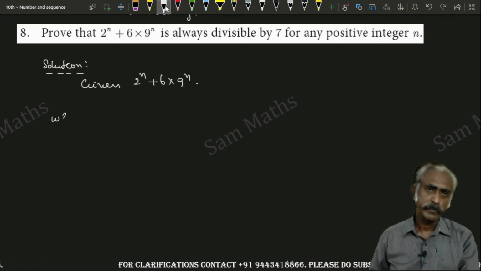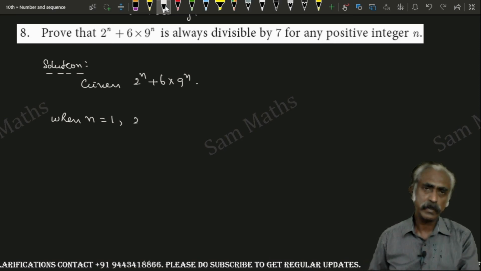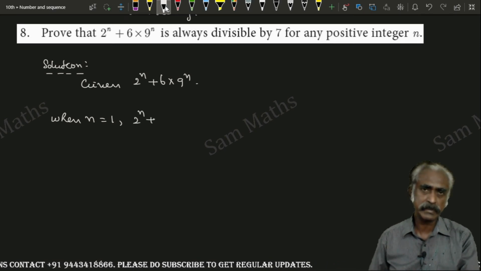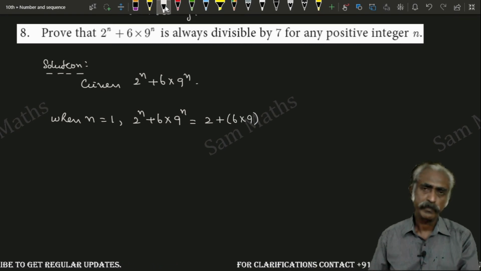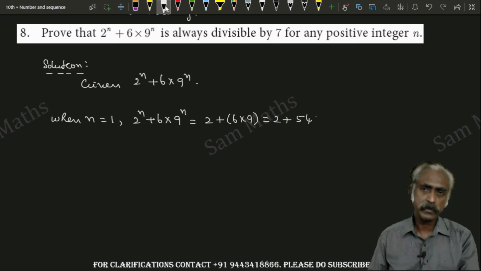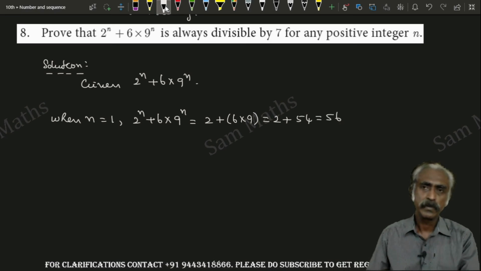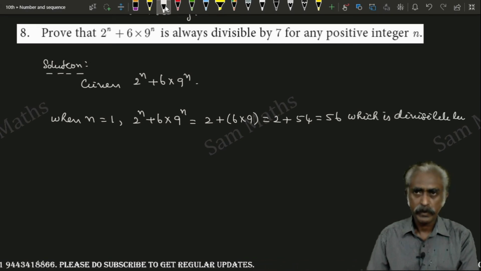So when n is equal to 1, just to check with this, 2 plus 6 into 9, which is equal to 2 plus 54, which is equal to 56, which is divisible by 7.